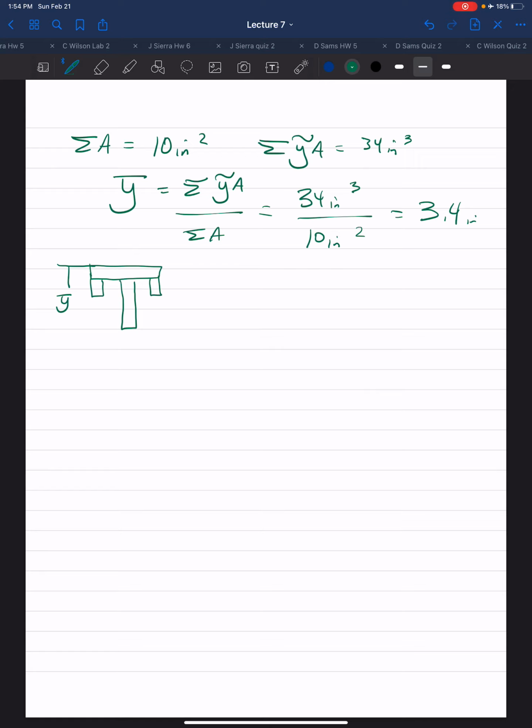So now we have to determine our I. And we know from Appendix B, and this is on page 815, for a rectangular area, I sub x is equal to 1/12 the base times the height cubed. Do not forget about the cube.